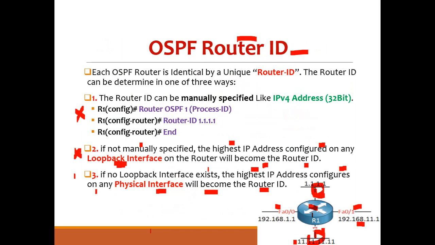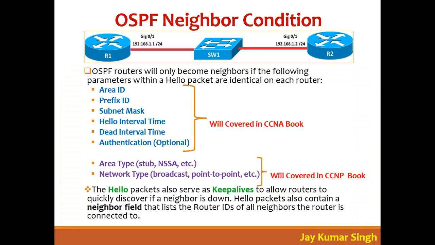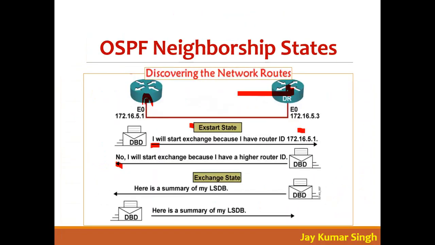Let me show you here. See here, they elect the master and slave, and then they determine who will start exchanging the database. So here also you can see that in ExStart state they elect who will become master and who will become slave.